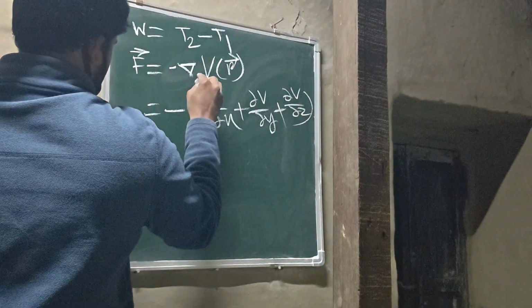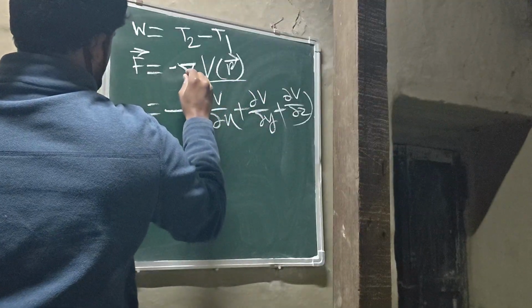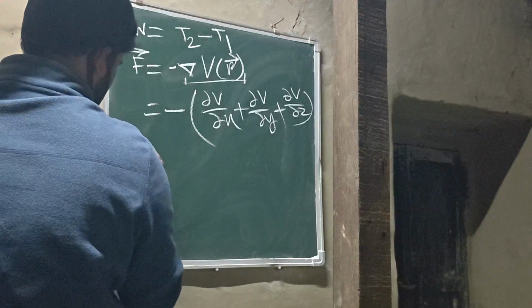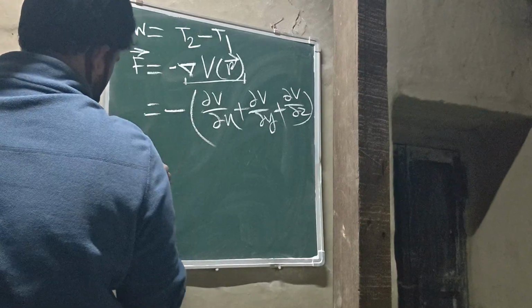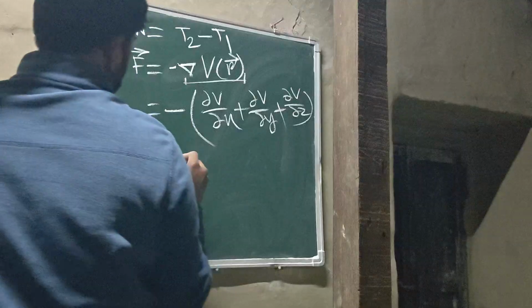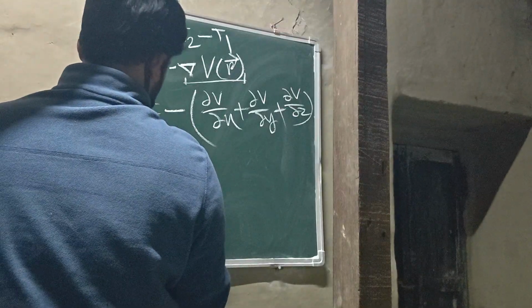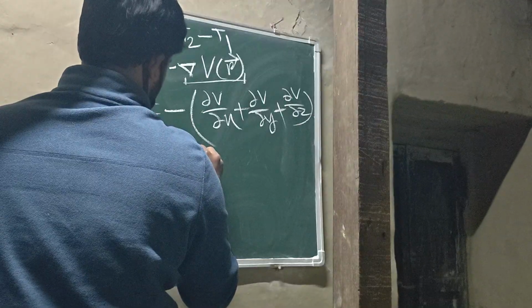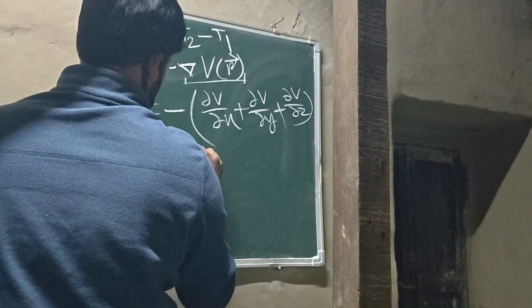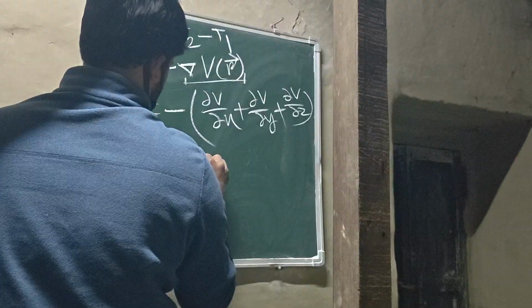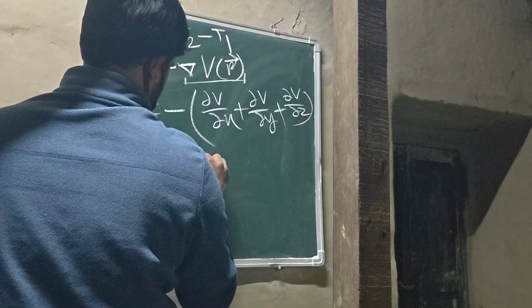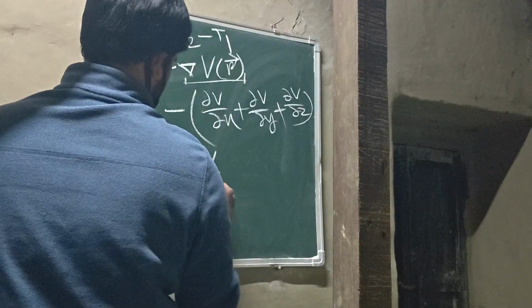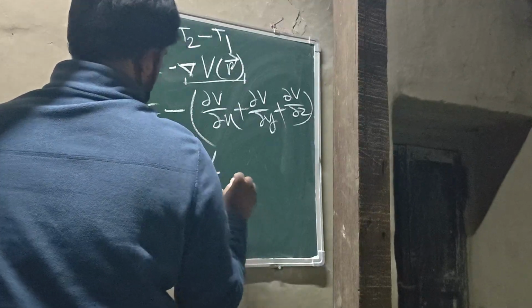If we write this grad V in one dimension, then we can write F vector equals minus dV by dx.